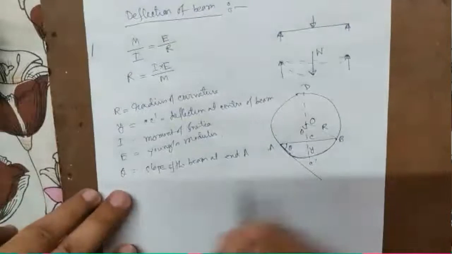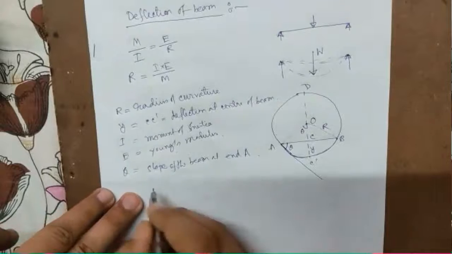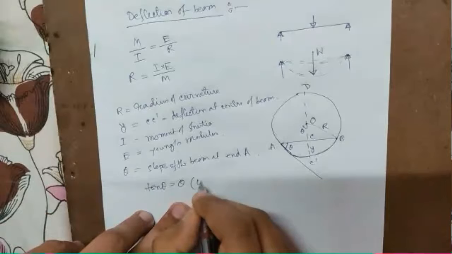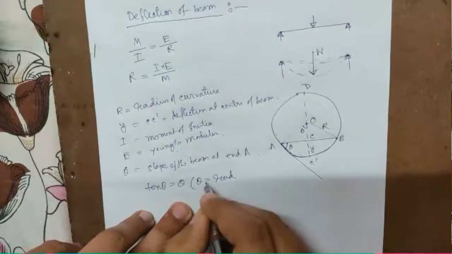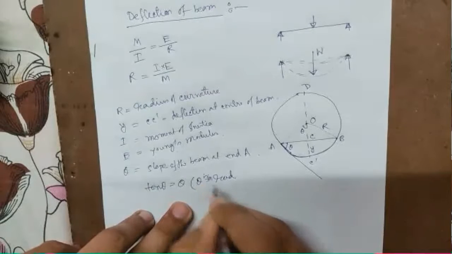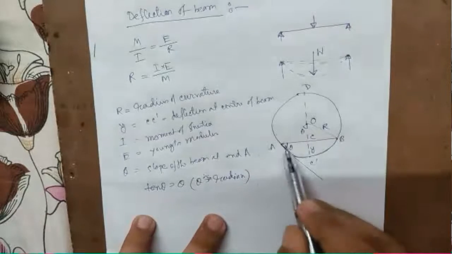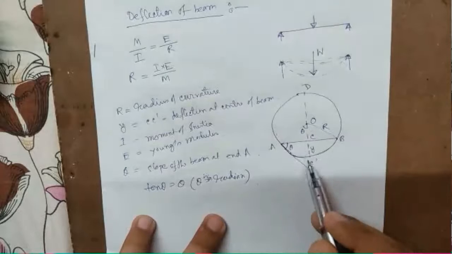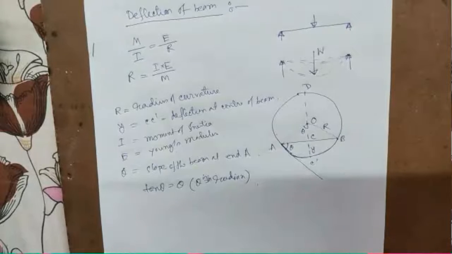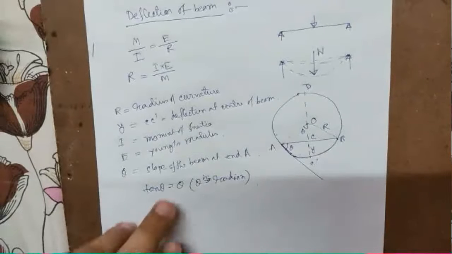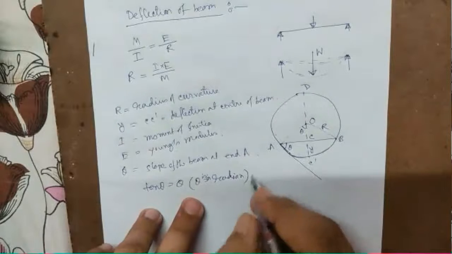So in this case, we know that tan theta will be equal to theta when theta is in radian. And for a practical beam, this will be very less.